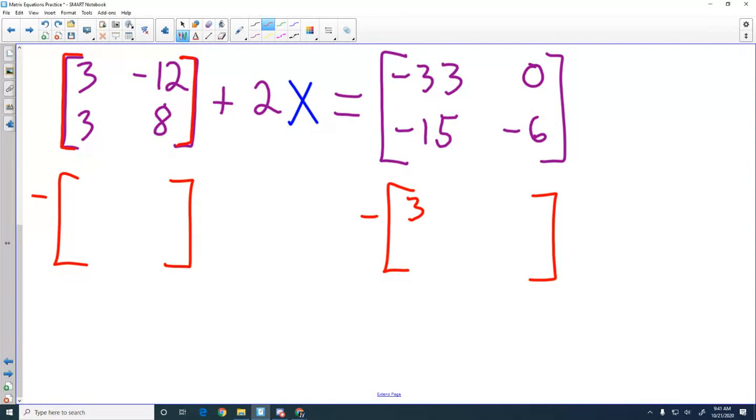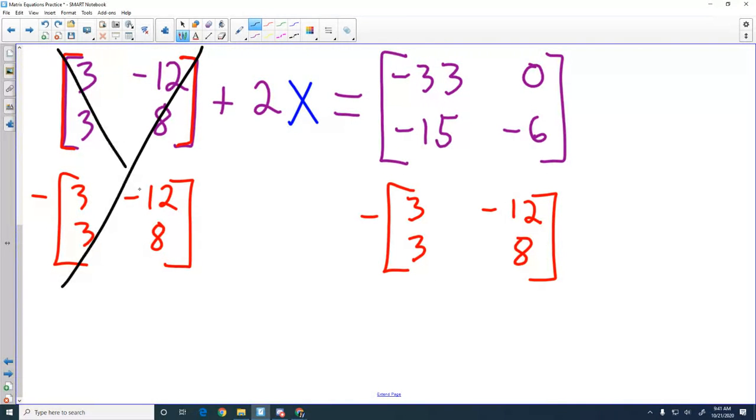So I'm going to write that 3, negative 12, positive 3, 8. On the left side, we don't actually have to do this calculation. If we do subtract all these from each other, since it is the same matrix, it's ultimately going to cancel out. It'll turn into a matrix of all zeros. And if you add 0 to something, it doesn't change its value. So we just ignore it.